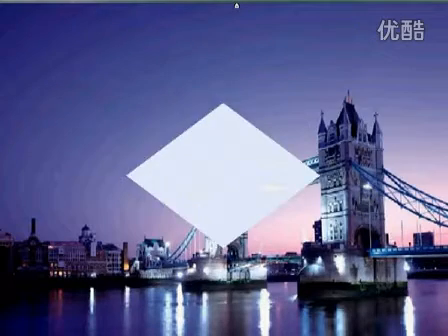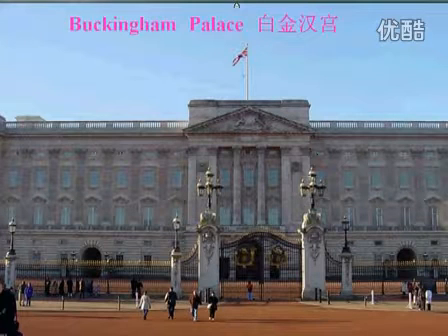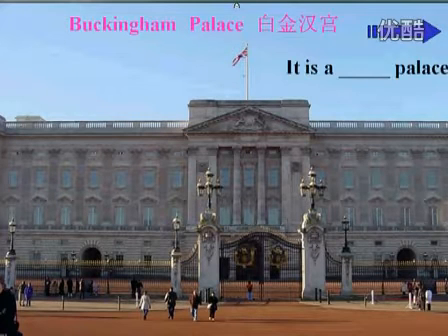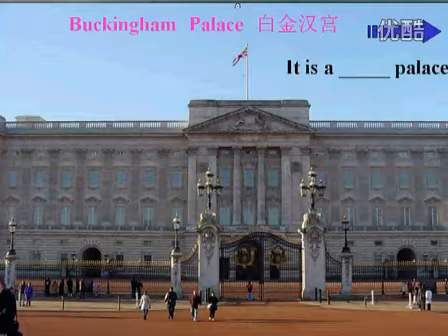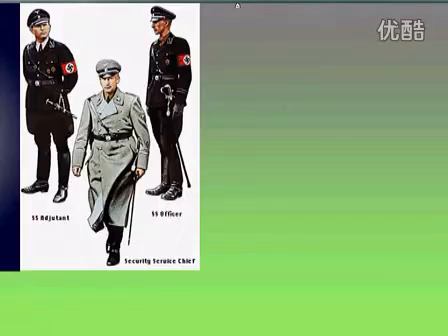Now next picture, maybe Tower Bridge. Next is Buckingham Palace, 白金汉宫. It's a palace, maybe a royal palace, 皇家宫殿. Then let's look at some pictures.